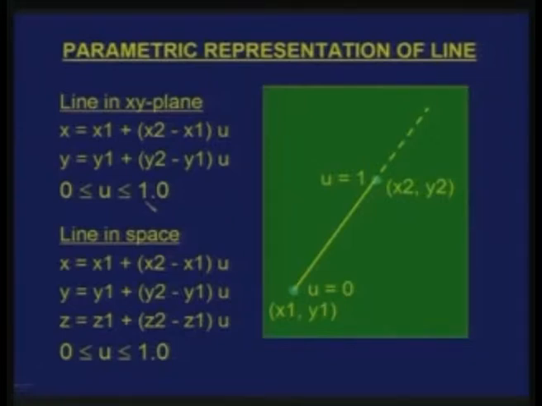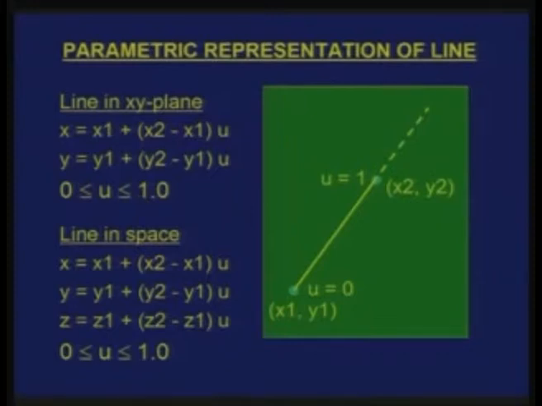It is like saying that u, the parameter, has a range starting from 0 and going all the way to 1. Now, these bounds are helpful in many ways. Firstly, if I put u is equal to 0, I will get the starting point. If I put u is equal to 1, I will get the end point, that is a line segment.